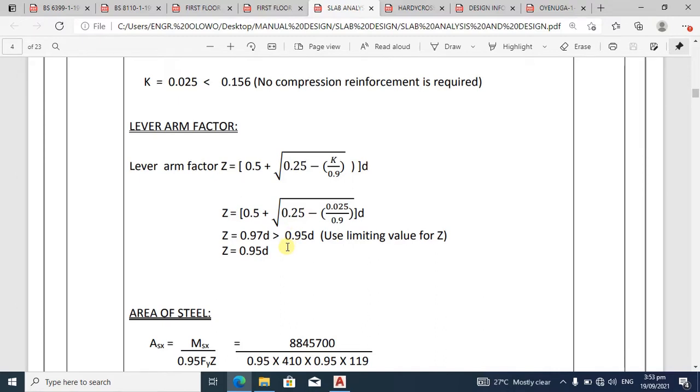So therefore we will go with the standard value. But when the value you got for your lever arm factor is lesser than 0.95D, you have to go with that lesser value. Do you get it now? But if your value is greater, you have to go with 0.95D. If your value is lesser, you go with the lesser value.